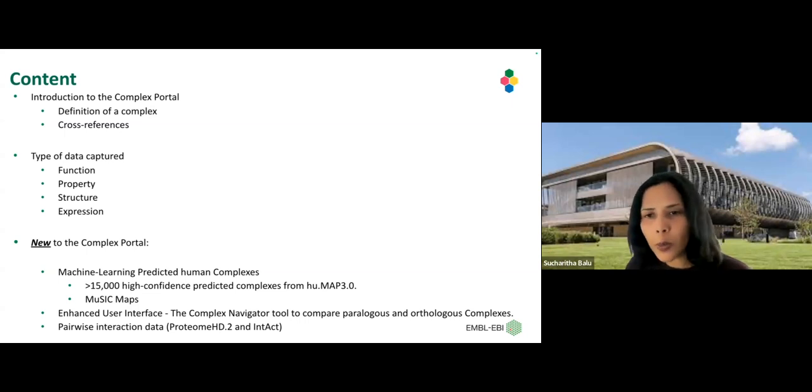New to the Complex portal, for the very first time, we have machine learning predicted human complexes. They were introduced late last summer. We now have over 15,000 high confidence predicted complexes from the HuMAP3 and the MuSiC projects. You would have also noticed that we now have an enhanced user interface, through a new tool called the Complex Navigator that was developed in-house, and it helps you compare the relationship between complexes.